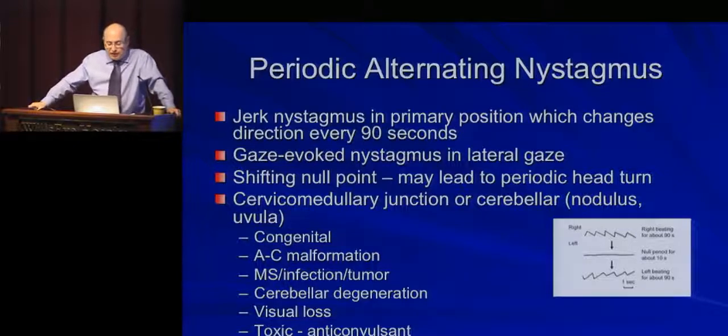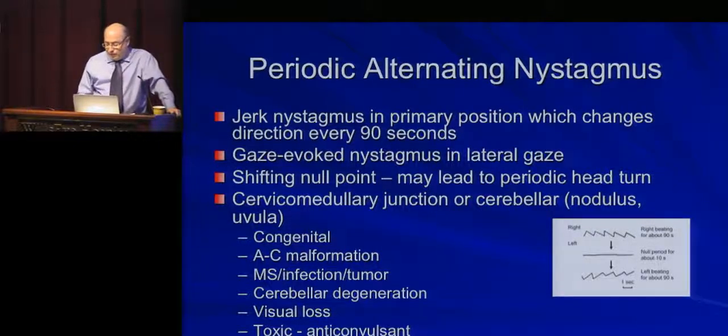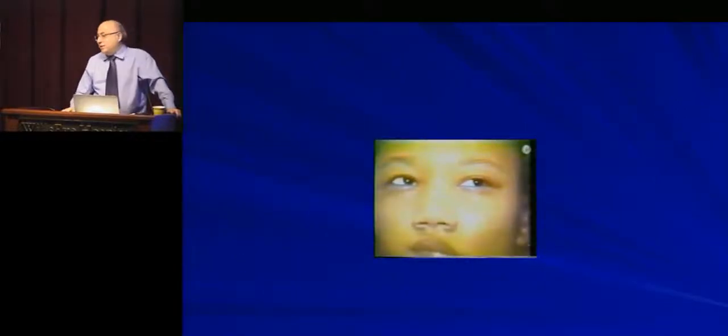with cerebellar degenerations. So here's a patient who's turning her head most of the day because if she turns her head, she stays in her null point. But if you keep her in primary position, she's got right beating nystagmus to begin with. It'll then slow down.